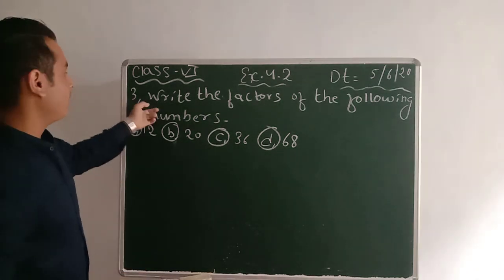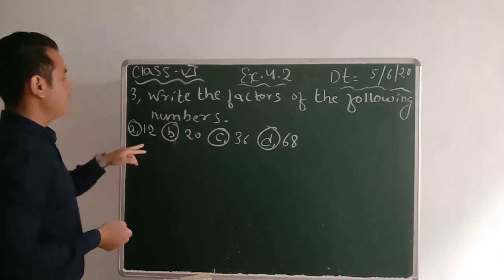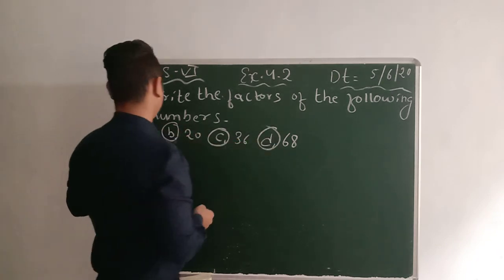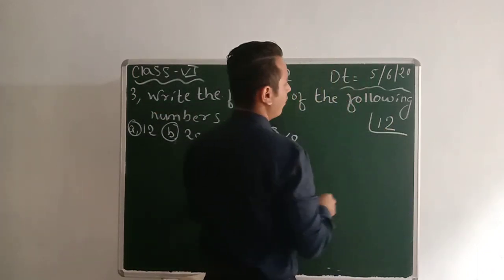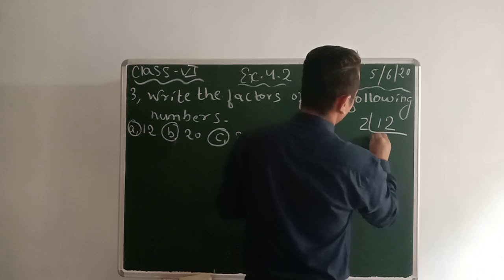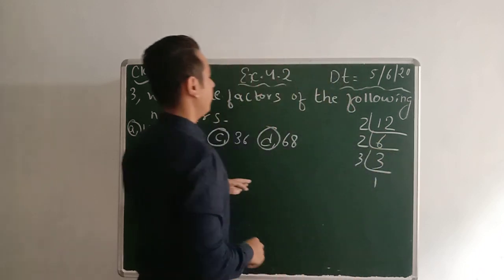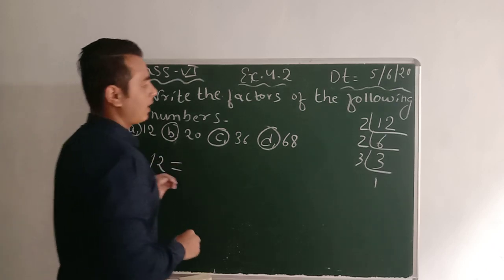Okay, here is number 3 question. Write the factors of the following numbers. Here are 4 numbers. We should find the factors of the 4 numbers. So number A is 12. So how to take out factors? 2 6s are 12, 2 3s are 6, 3 1s are 3. So what will be the factors of 12?